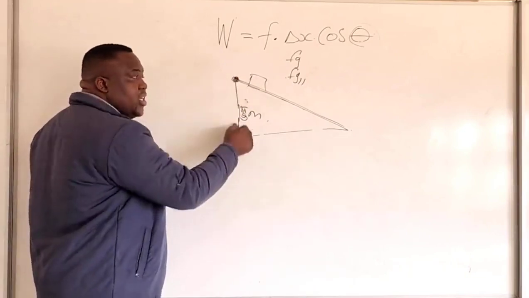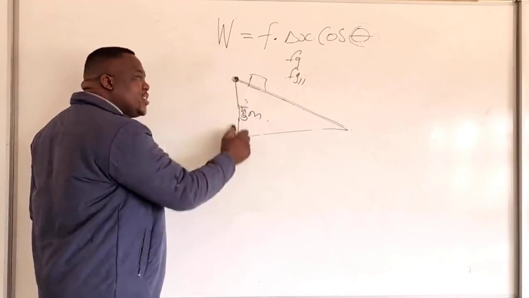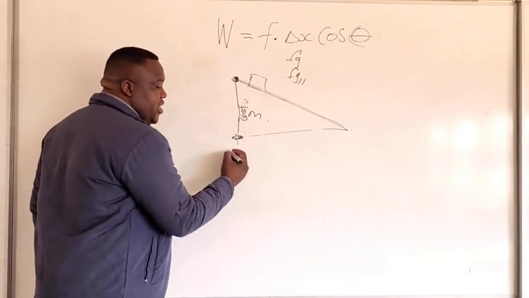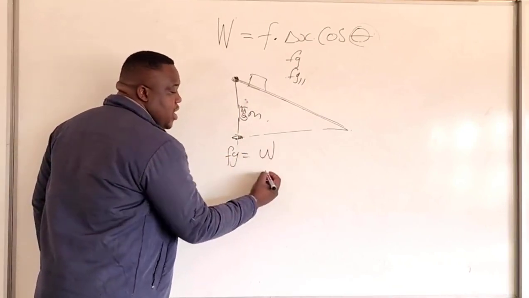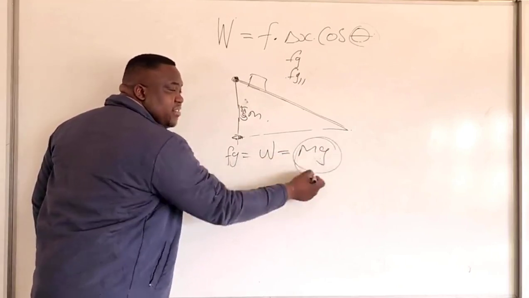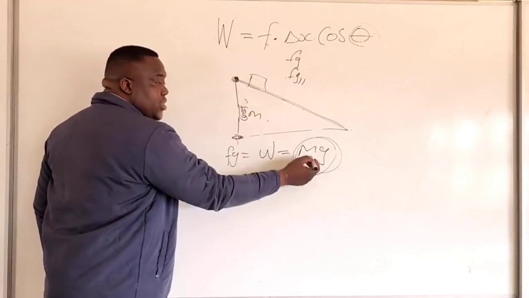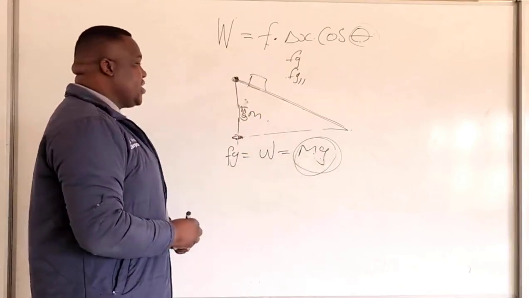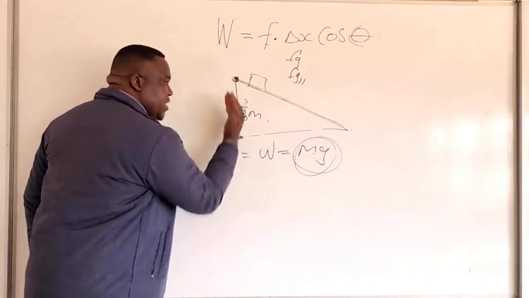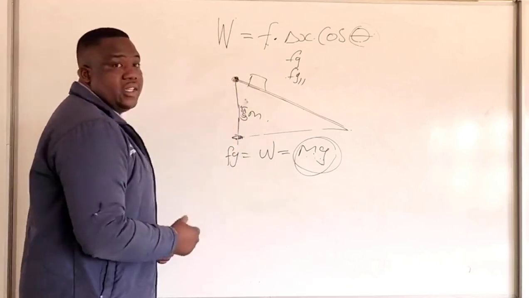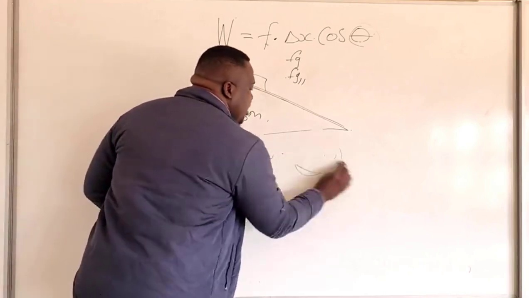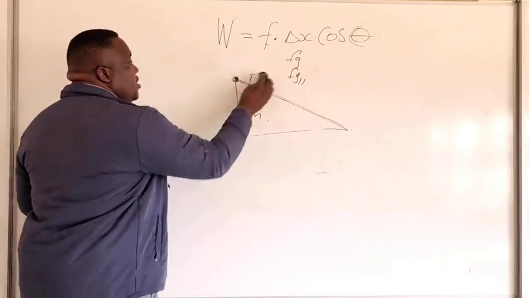It means I will be using the gravitational force itself, which is given by Fg, equal to weight, which is equal to mg. Here, for F, I will use mg. I will not use a sine or a cos, because this displacement affects the gravitational force itself, not the component. I hope you are understanding.